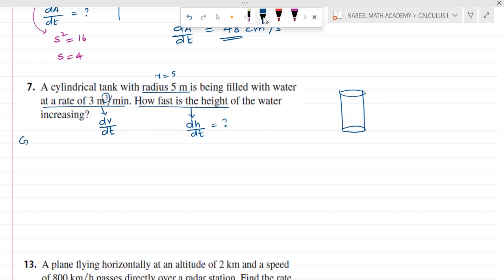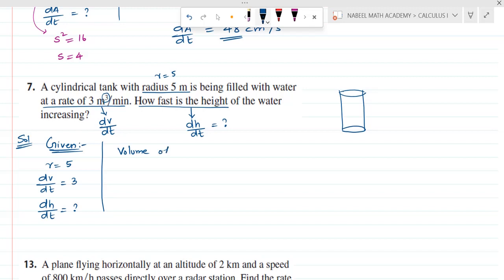Let us check here. Solution. Given: R is 5, dV over dt is 3, and you have to find dh over dt, the question mark. What is the volume of the cylinder?